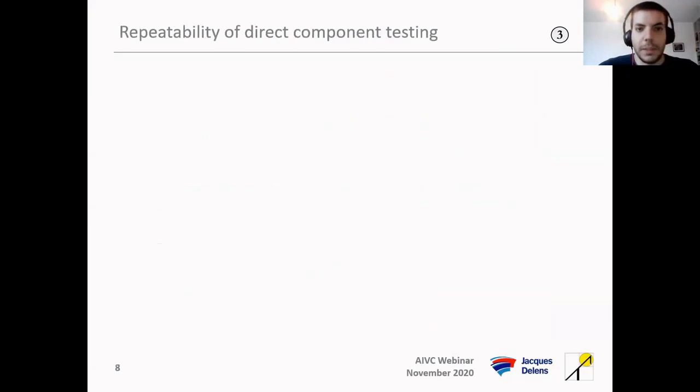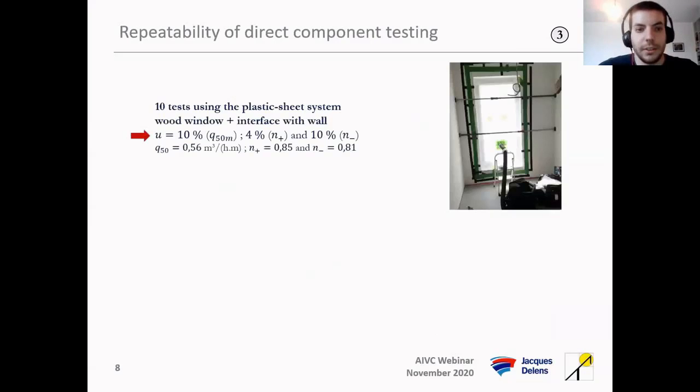Then the repeatability test. The first study, I conducted 10 tests using the plastic sheet system, measuring a wood window and its interface with the wall. And my uncertainties were 10% for the air leakage rate at 50 Pascal in average, 4% and 10% for the airflow exponent in pressurization and depressurization respectively.